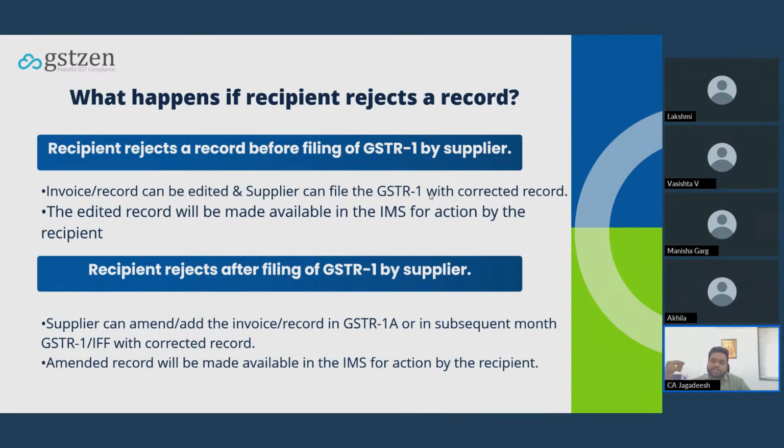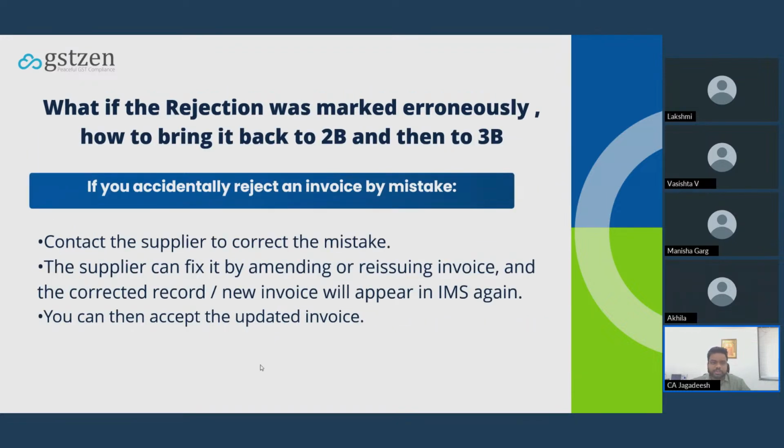What if I reject it after GSTR-1 is filed by my supplier? In that case, the supplier can amend the invoice using GSTR-1A, and it will again reflect in my IMS dashboard. The amended record will be available in the IMS for action by the recipient, and I can act upon it.